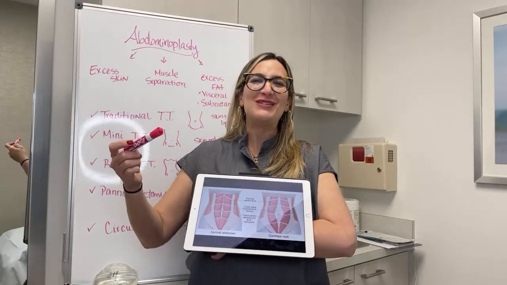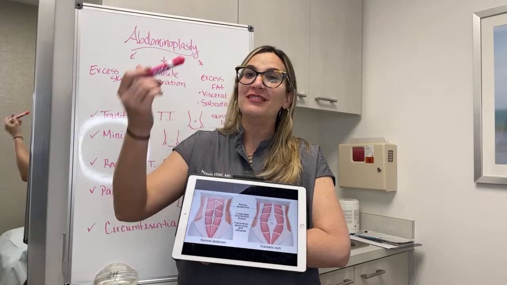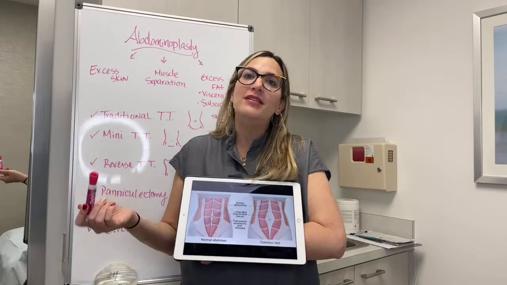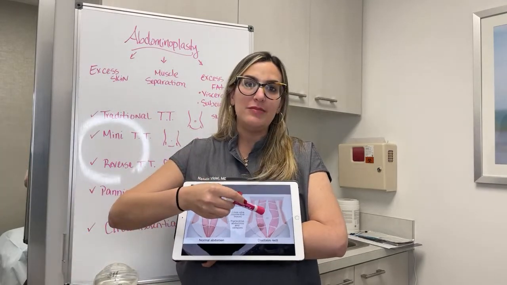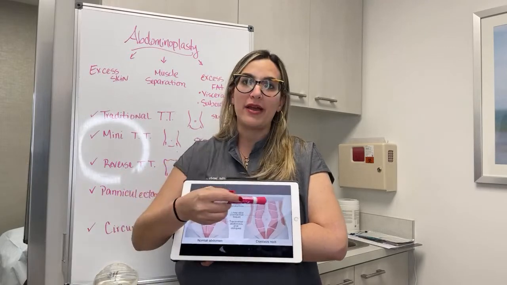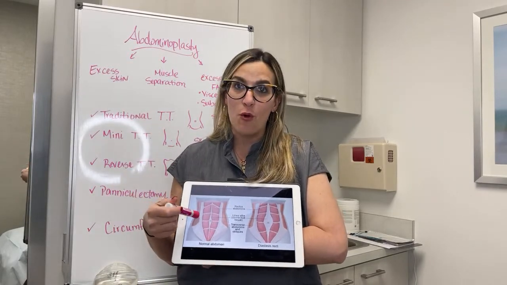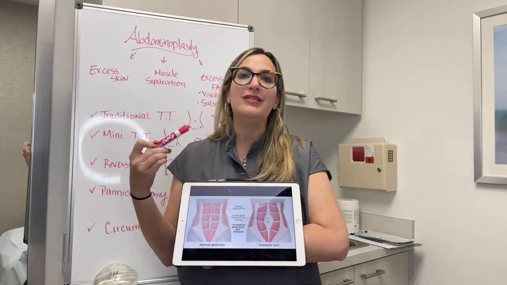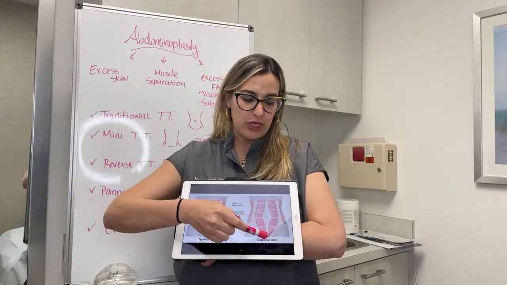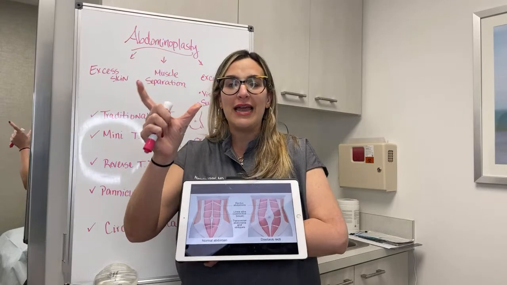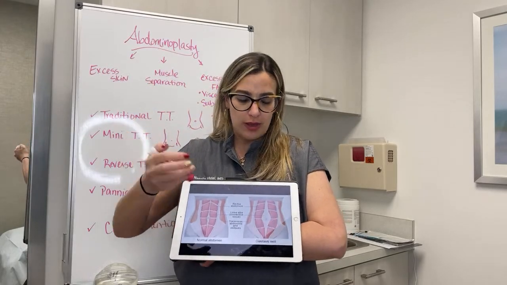So when you either lose the weight or deliver the baby, sometimes these muscles don't go back to the middle like they were before. And they end up with a diastasis, which is this separation. The linea alba gets wider, okay?